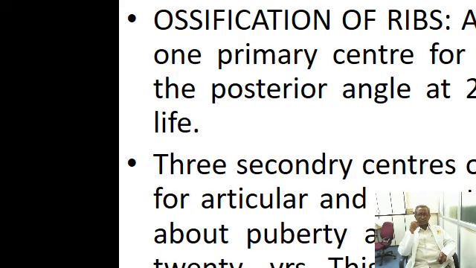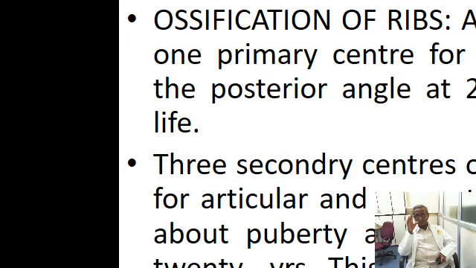Ossification of the ribs. A typical rib is ossified from one primary center for the shaft, which appears near the posterior angle in the second month of intrauterine life.